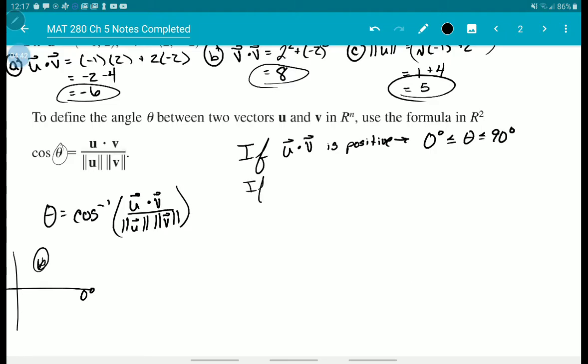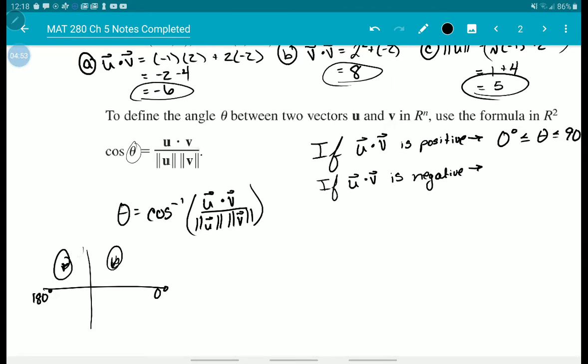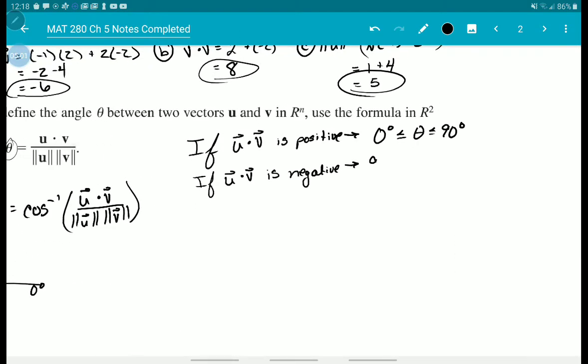Now, if the dot product is negative, then that means this angle is going to live in quadrant 2. So we're going to have something between 90 degrees and 180 degrees. These should be strictly less than. Let me correct my notation here.